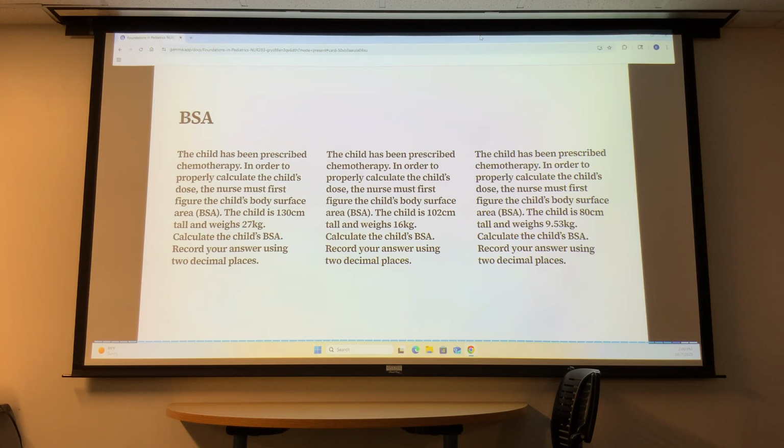If you leave a 0, so say this was 0.698, what does that round to? 0.7.